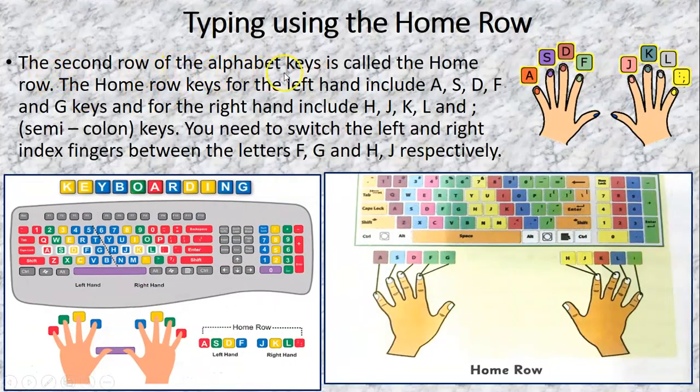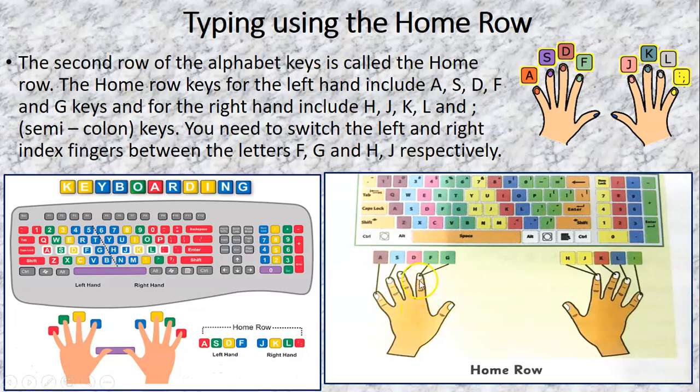The second row of the alphabet keys is called the home row. When you learn typing, when you become little bigger children, when you will be learning your typing course, there you will be taught to use the home row first. So how your hands should be laid on the home row.